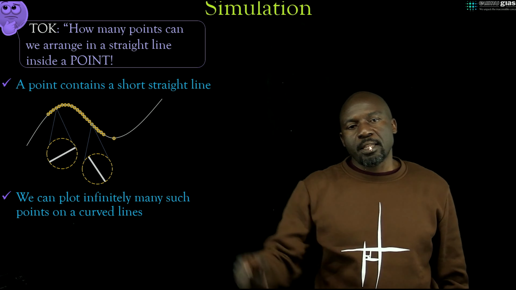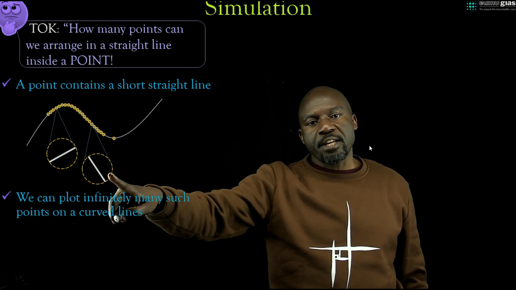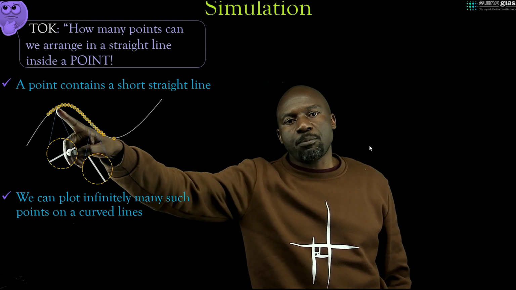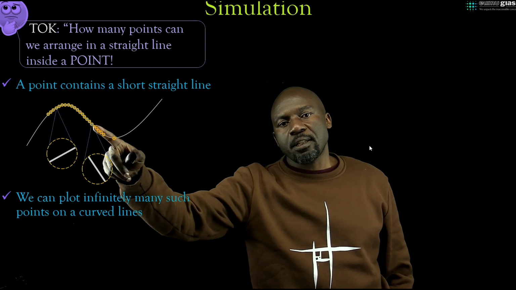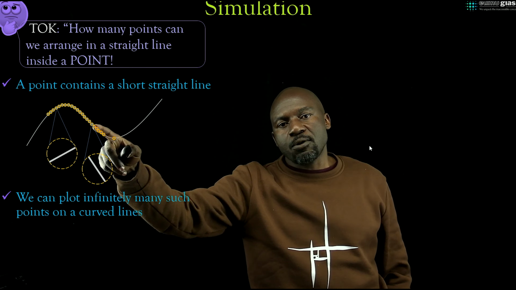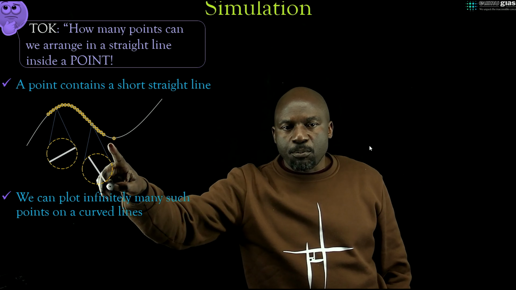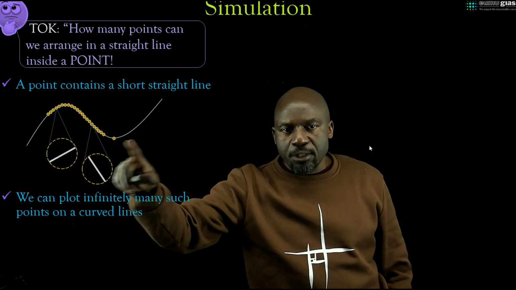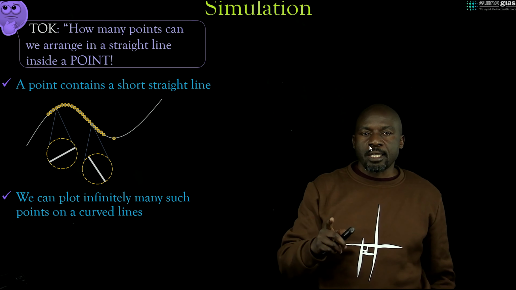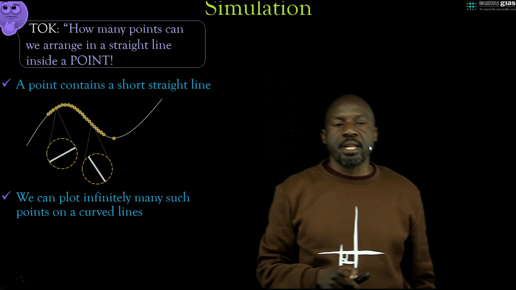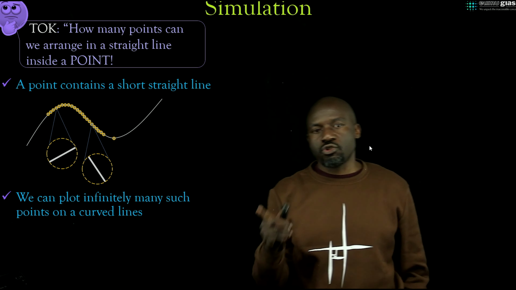So at that point, the line has got a negative gradient. At this point, the line has a positive gradient, but at that point, the line that is contained in that point has a gradient that is negative. At this point, that line will be horizontal. So the key is that every point is made up of a short straight line.